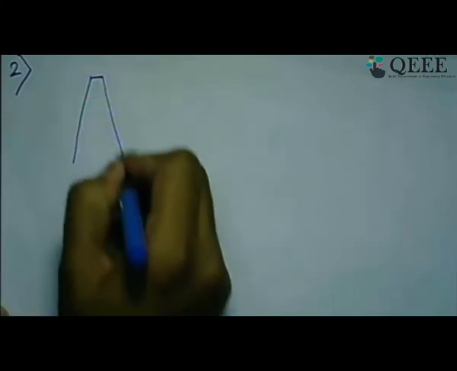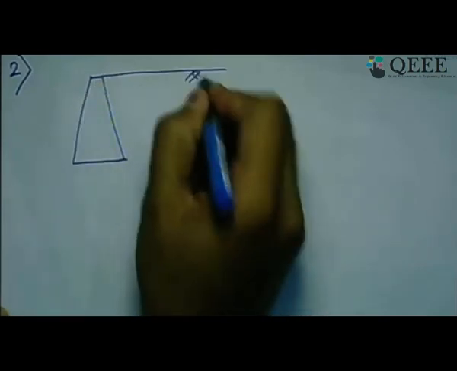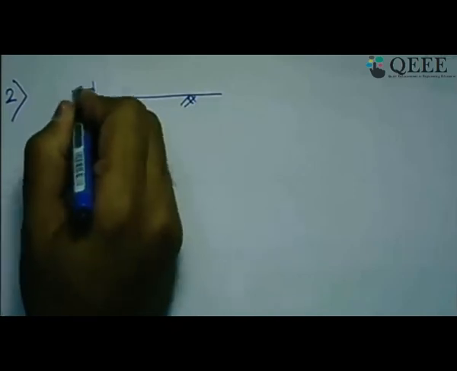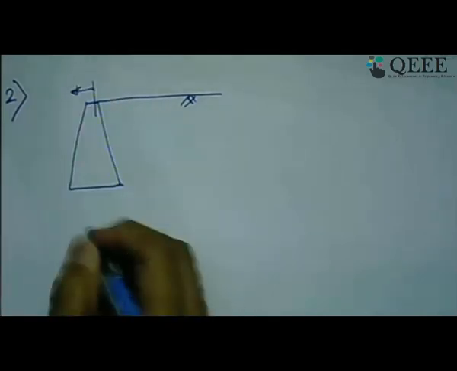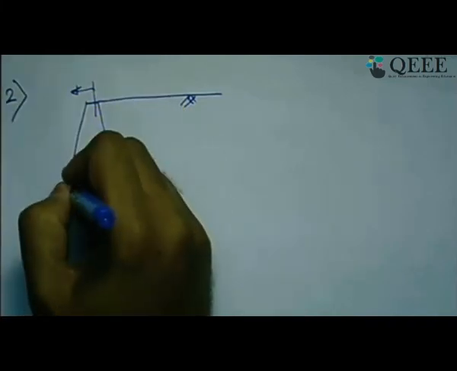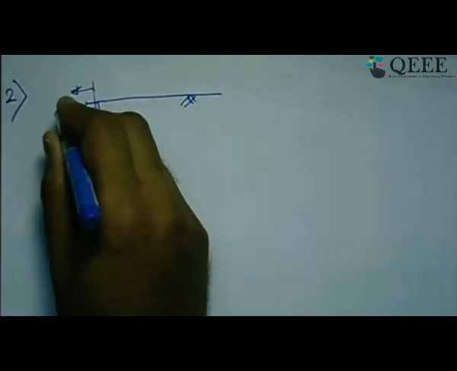Now what is overturning? If we see the next failure criteria, so for overturning, it is nothing but, as the word says, that we should not allow our wall, again let us say the active condition we are considering, active state, it should not rotate about this excessively so that it completely failed.